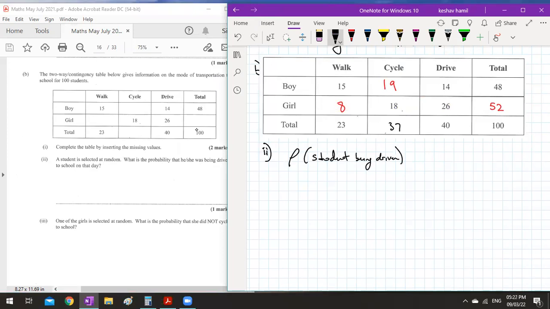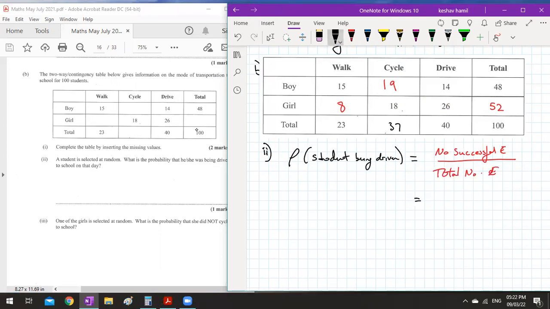Now the formula for probability is the probability of the event is the number of successful events over the total number of events. Right, so that's right in the short term.